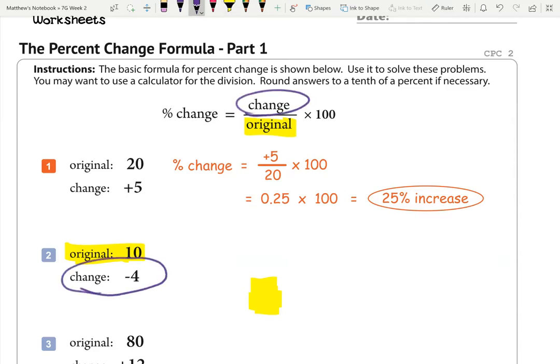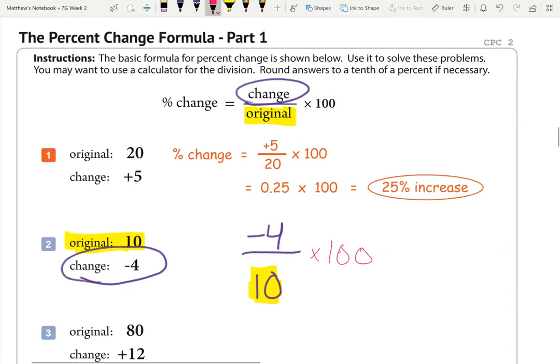And that goes on the top here. So I got negative 4 over my original of $10, and then I need to multiply by 100. And that's going to give me my percent increase or decrease.